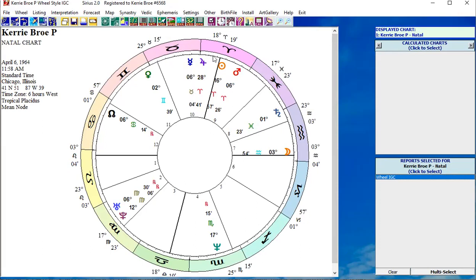If I was born and Mercury was behind the sun, let's just say it was over here where Mars is. Let me cover this up here. Let's pretend that was Mercury. So Mercury had just been retrograde, and it's now approaching the sun.